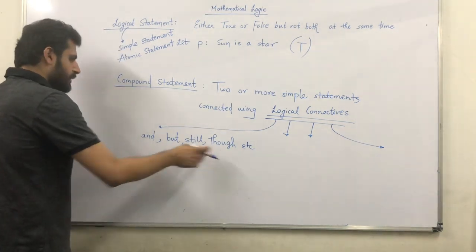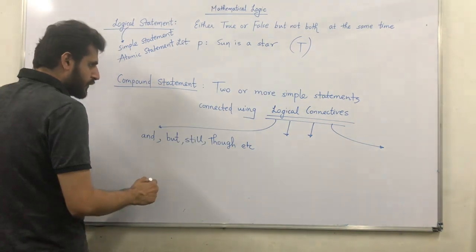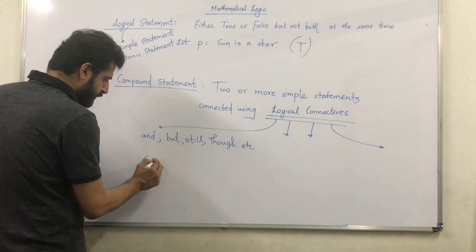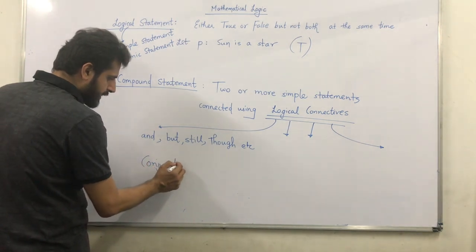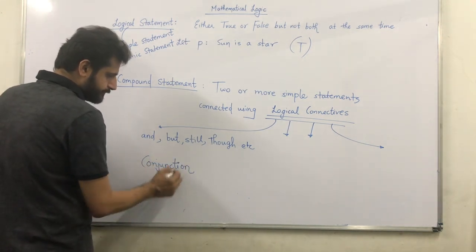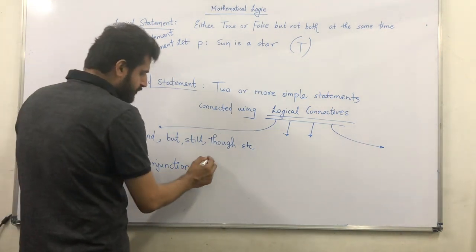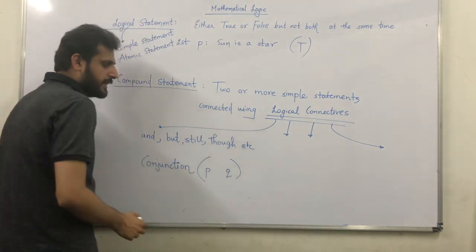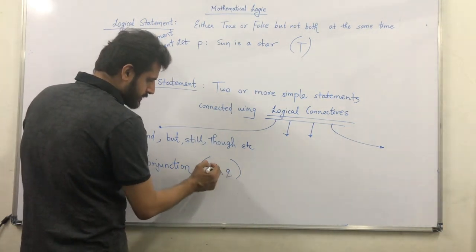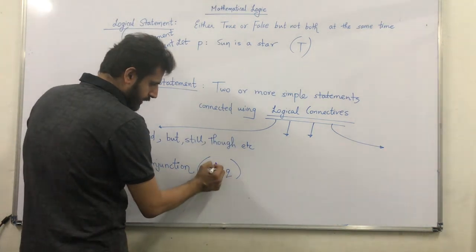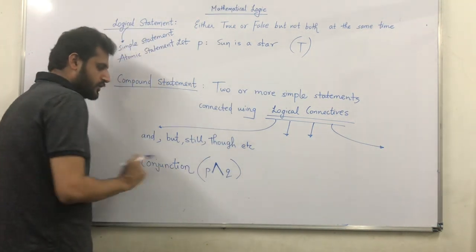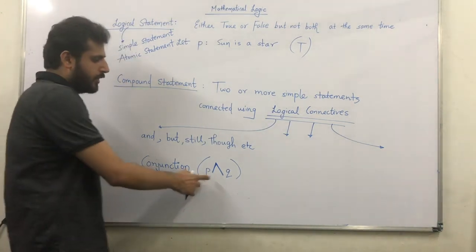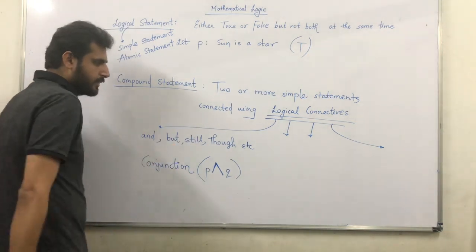So and, but, still, though, these are the connectives which we are going to use to connect two simple statements. If these are the connectives we are using, then they come under the category called conjunction. And the symbol which we use between the two combined statements to show conjunction is this. This is the symbol for conjunction in mathematical logic, the symbol for AND and for but.